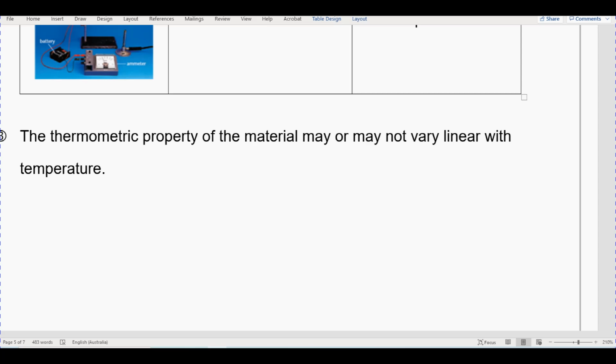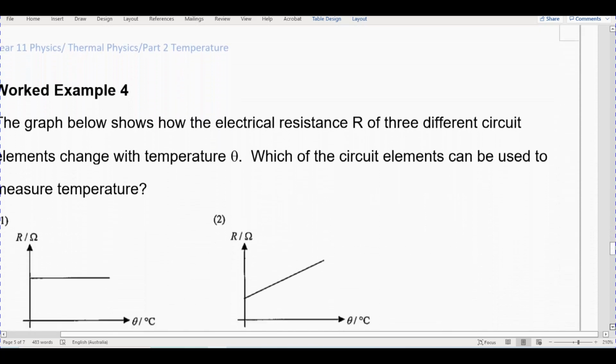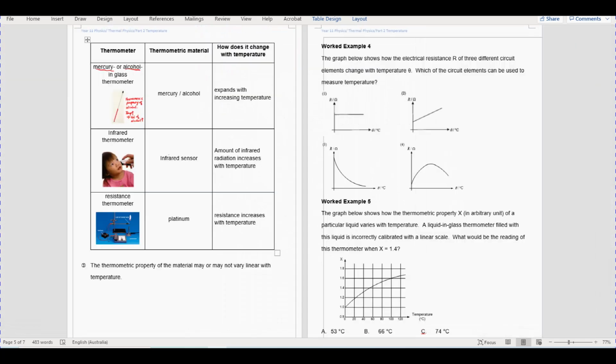What do I mean by varying linearly? It means that for every unit increase in temperature, the change in the thermometric property is in a certain proportion. But that's not necessarily true for all materials. I will show you what we mean by linear and non-linear variation for thermometric material in example 4. Just have a quick look.